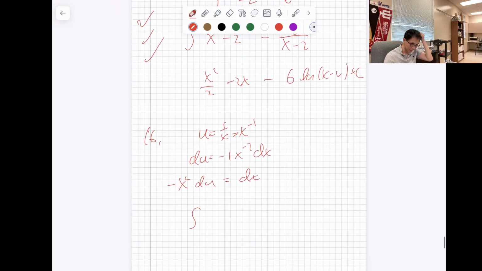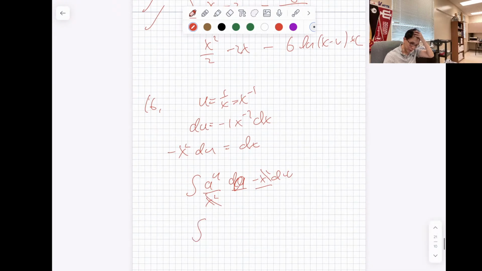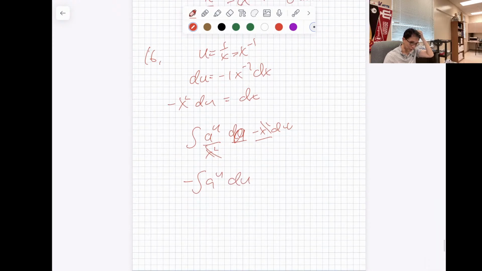So that's the integration of a to the u over x squared, and then dx equals du over. Wait, hold on a second. Negative x squared du. So this cancels out. So that's going to be a to the u du. So that is actually 1 over ln of 5 times 5 to the 1 over x, plus c.